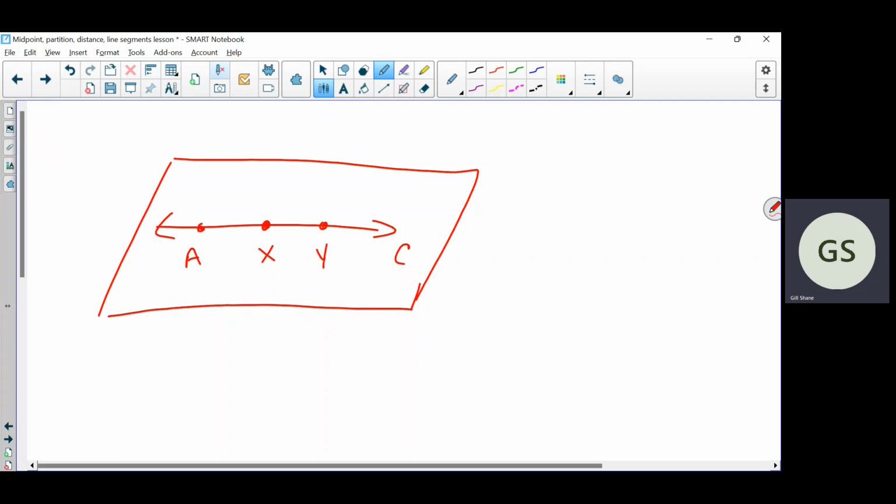So this would be a plane. Actually, I guess I'll do the whole example. And I say, name the line. Actually, here, I'll do the exact problem for you.